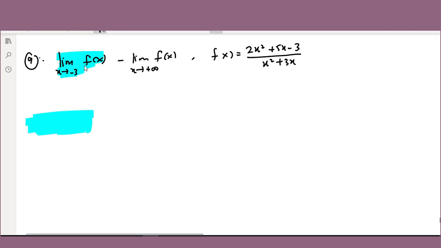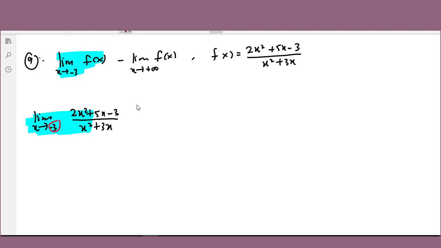It is limit as x approaches negative 3 for the function 2x squared plus 5x minus 3 over x squared plus 3x. First thing, substitute directly. Substitute negative 3 into this function.